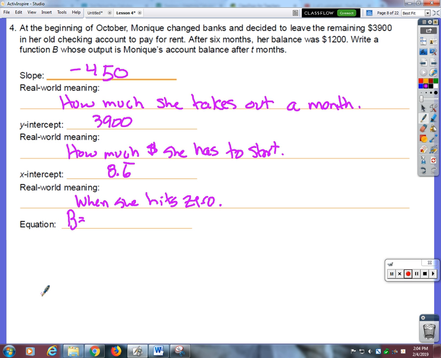No, 8.6 has nothing to do with the equation. Okay, 3,900 because that's how much money she's starting with. And then she's going to subtract from that 450, and they would like us to use T as our variable. Okay?